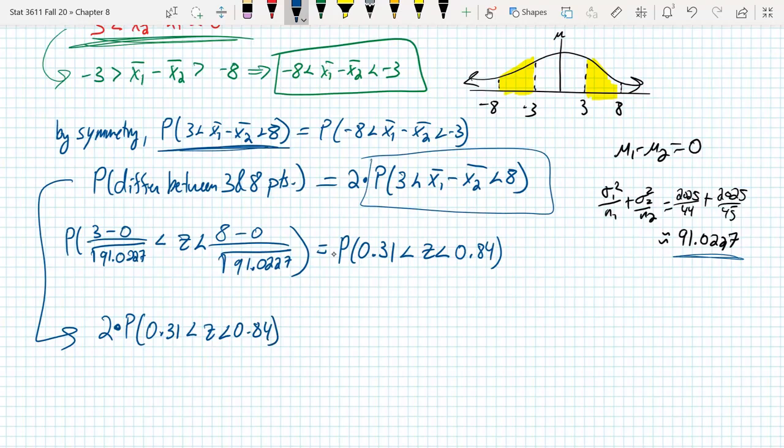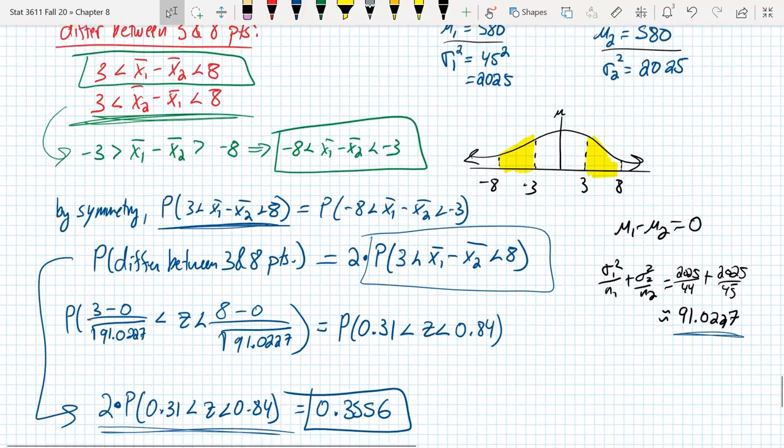And again, at this point, this type of computation should be pretty routine. And I've got this rounded off to 4 places, 0.3556. And that is how we would tackle a question like this.